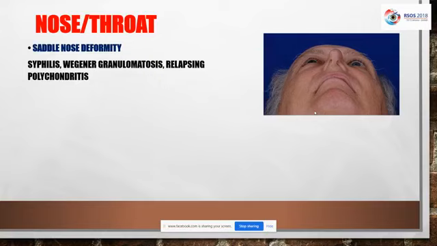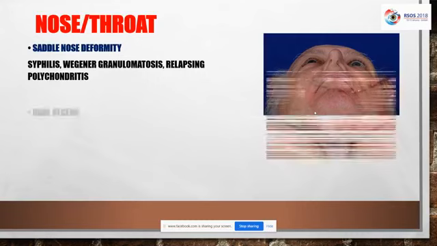You will ask those patients with syphilis about sexually transmitted disease infection, and for Wegener's granulomatosis, if there was any sinus infection before, any chronic inflammation in the sinus, or any history of inflammation in the orbit with idiopathic orbital inflammatory disease, which was treated before by steroids. Also, relapsing polychondritis can present with saddle nose deformity, and also, as we mentioned before, with bilateral ear pinna inflammation.